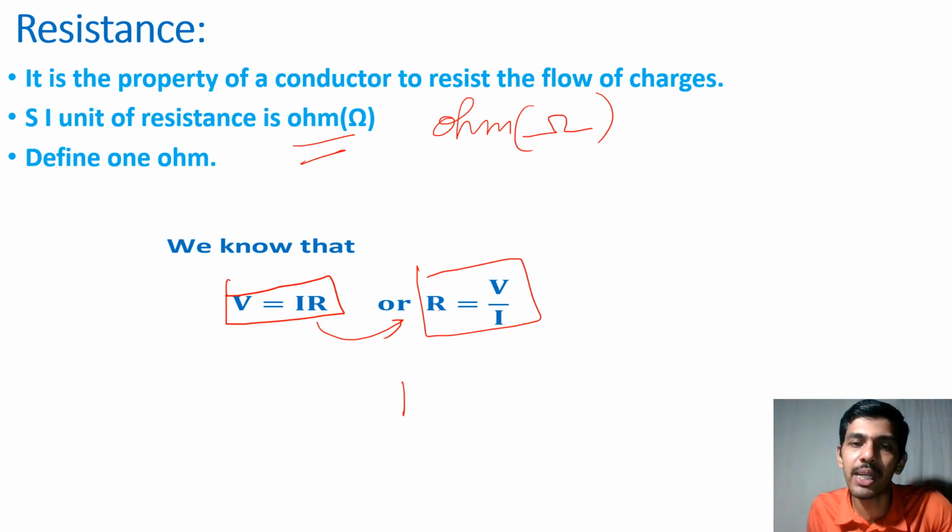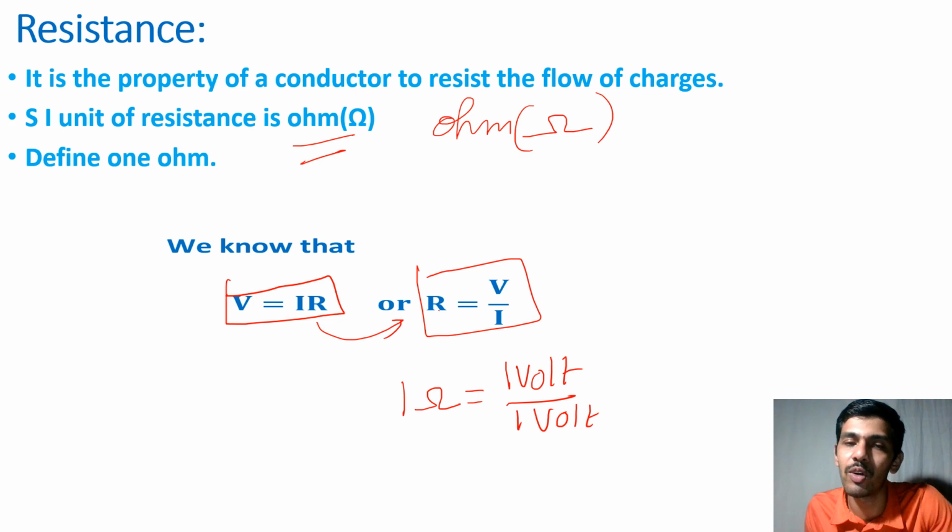So the left hand side becomes 1 only when V is 1 volt and I, the current, is also 1, sorry, this is not 1 volt, this is 1 amp. Then 1 by 1 is equal to 1, and only then we say that the resistance is 1 ohm.